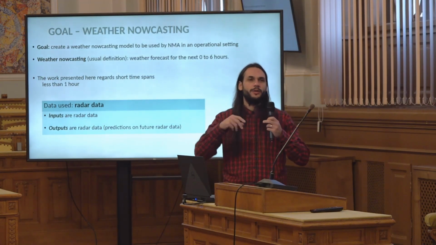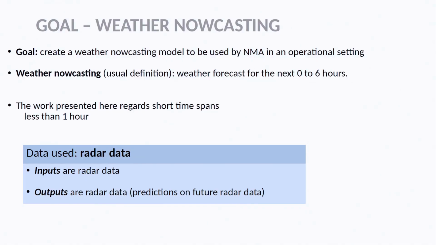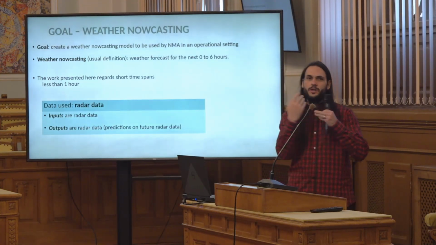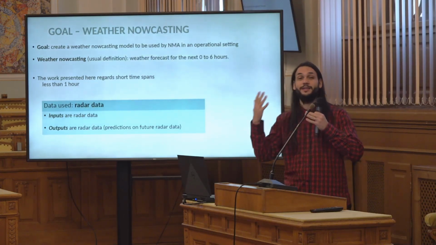The idea with nowcasting is to try to predict the weather for a very short term. In general, it's defined as 0 to 6 hours predictions. We work with less than 1 hour, so very short term, trying to predict as accurately as possible the weather next time. Actually, the purpose of our work was to try to predict radar data.